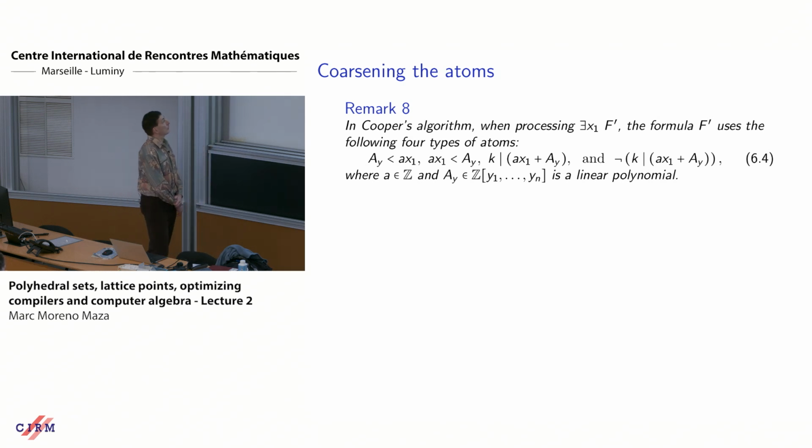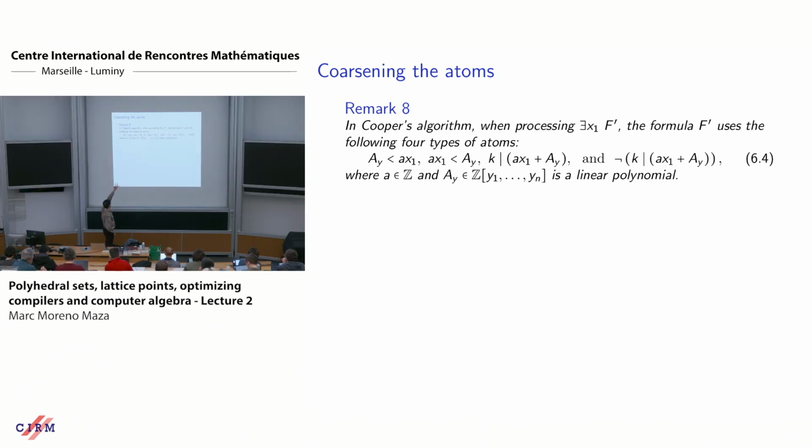Yes, I should mention Cooper's algorithm. We also implemented that, and our implementation is publicly available. This is a historical algorithm, the first modern algorithm for Presburger arithmetic. In this case, Cooper considered the following atoms. You have strict inequalities, of two kinds, depending on whether you are giving an upper bound or a lower bound of the variable that you want to eliminate.